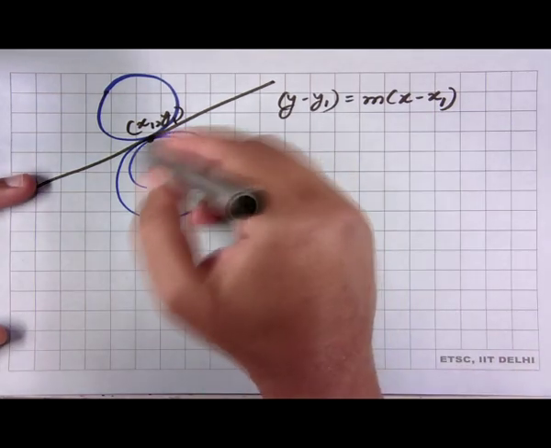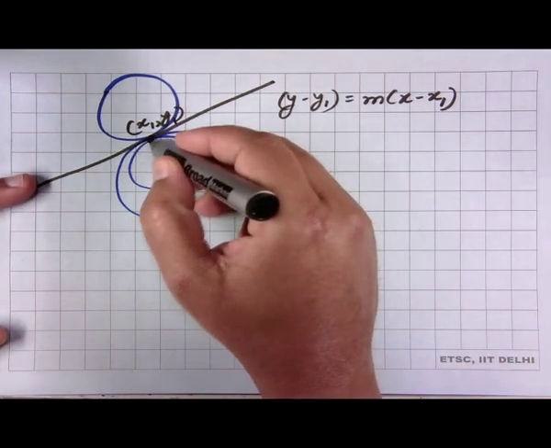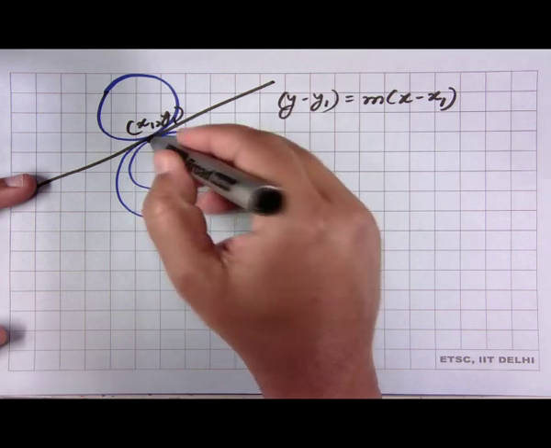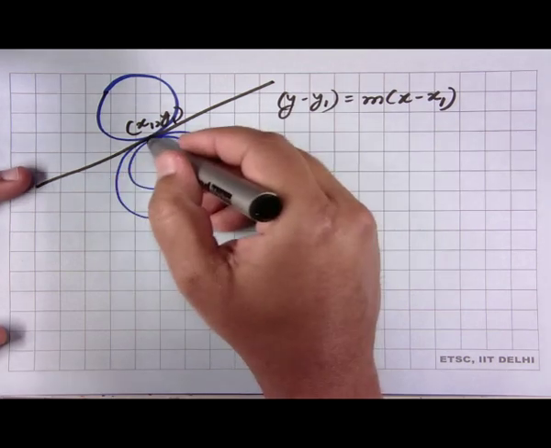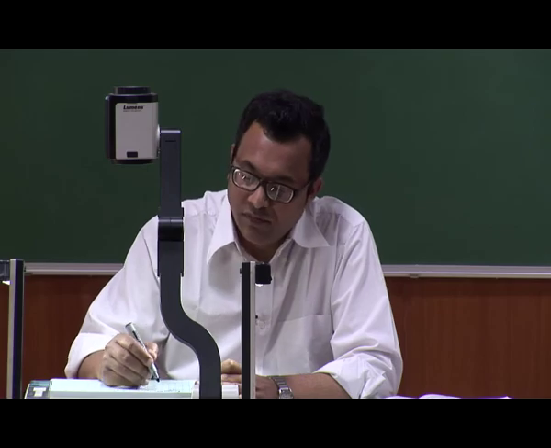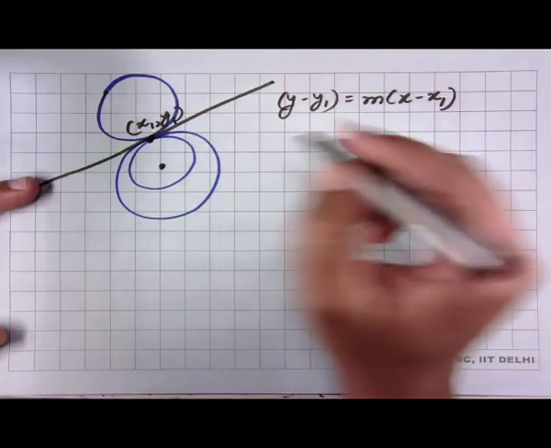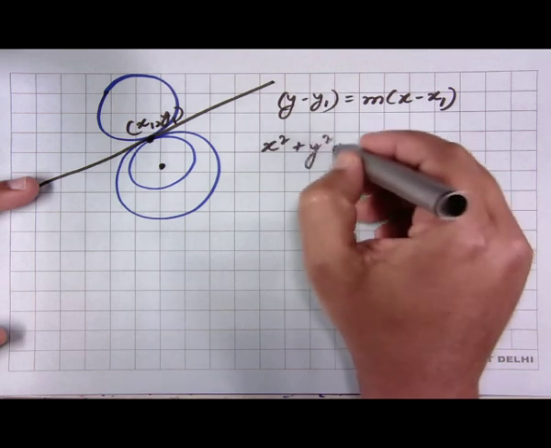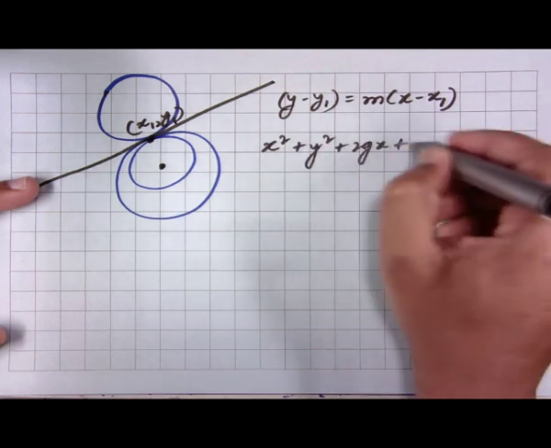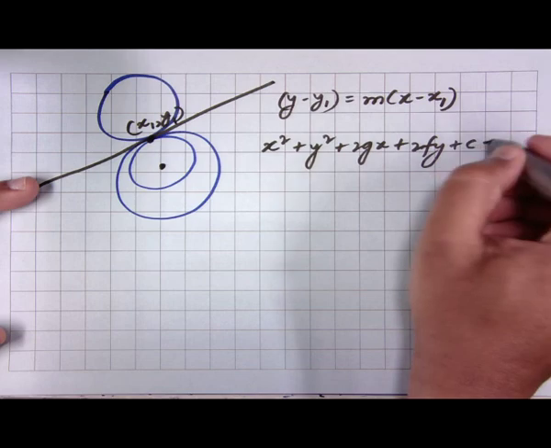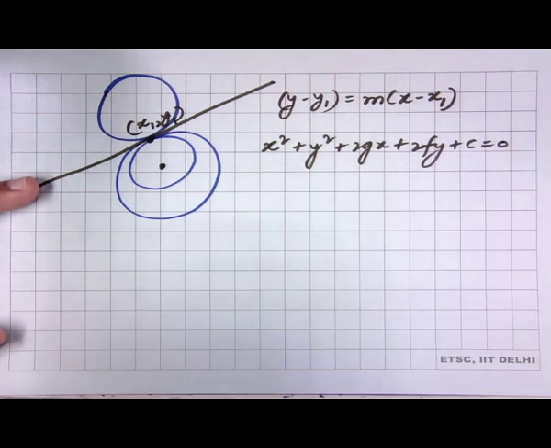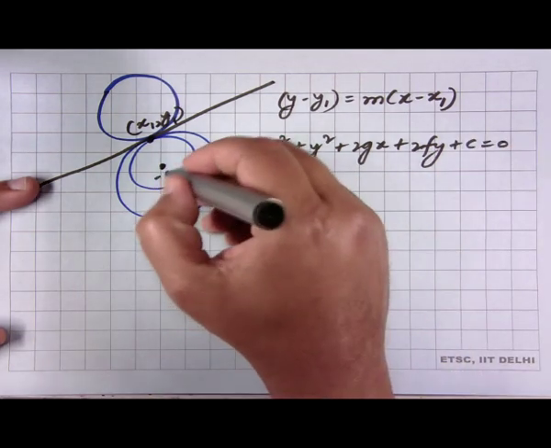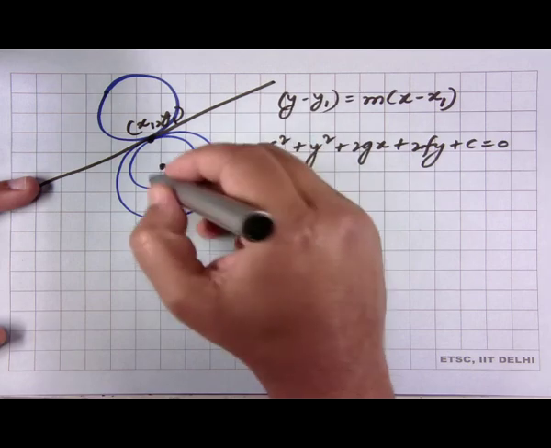So, for any such circle which touches this straight line at x1 y1, let us say that the general equation of such a circle is x square plus y square plus 2gx plus 2fy plus c equals 0, and the center is minus g, minus f.